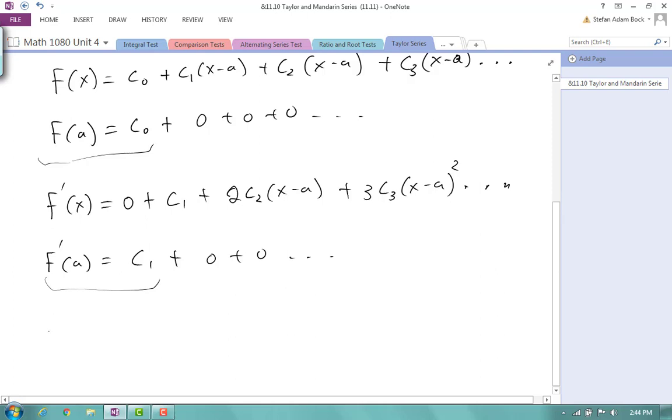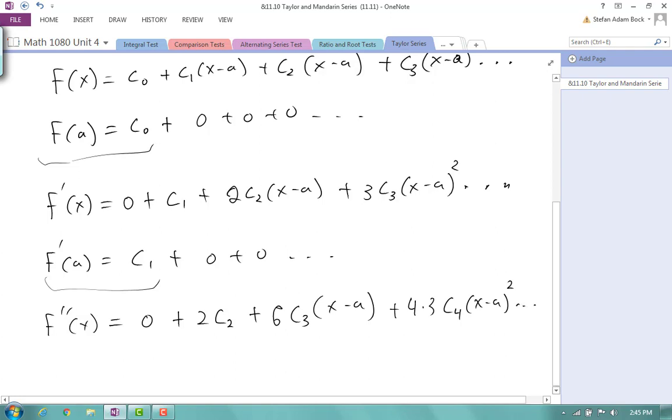If I take the second derivative, I get 0 plus 2c sub 2 plus 3 times 2, so 6 c sub 3 times x minus a, plus 4 times 3 times c sub 4 times x minus a squared, and that proceeds forever.